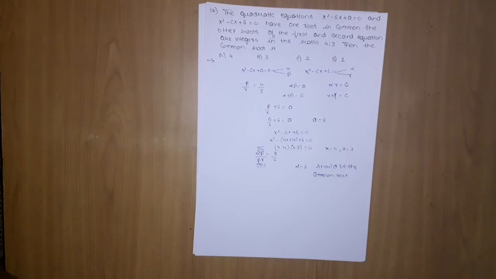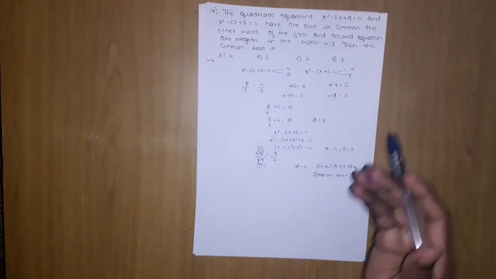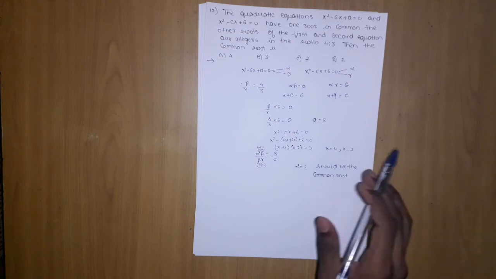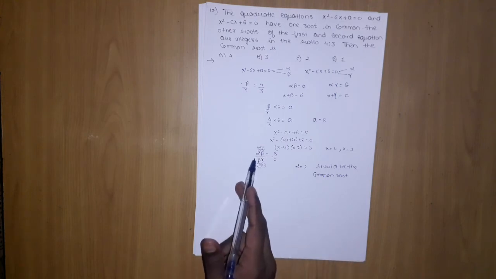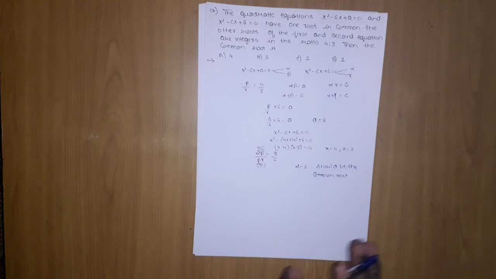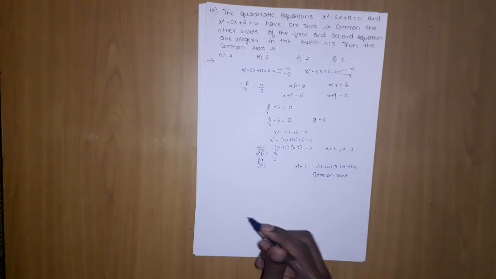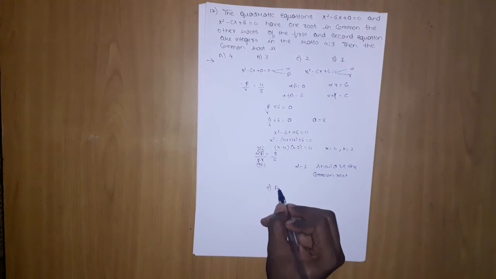So don't waste your time in such a big examination, like putting in values, finding the c value, then subtracting the equations and getting alpha as a common root. Just go by this process, you will know alpha equals 2 is the basic multiple which is possible, so it should be the common root. Okay, so C is the answer.